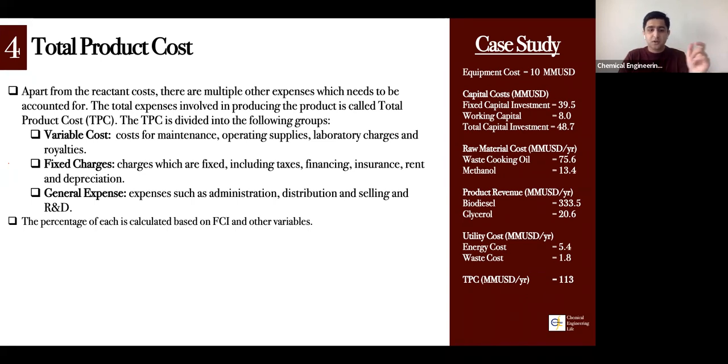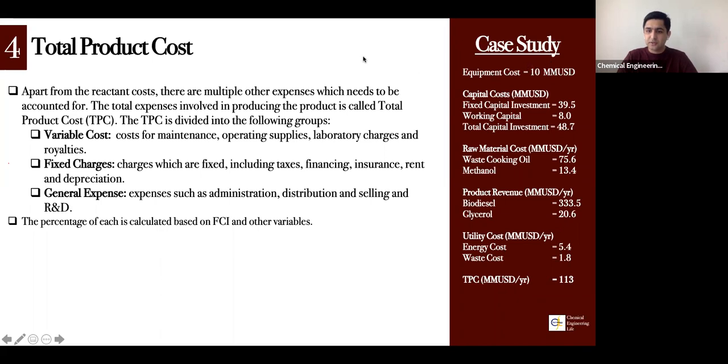So our variable cost, fixed charges, and general expenses are all calculated as a factor of our fixed capital investment. And upon doing so, you can know how much money you need, and it will always be higher than the sum of all the other expenses that we have talked about so far.